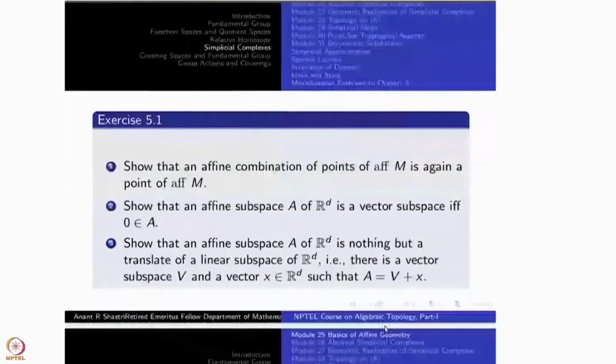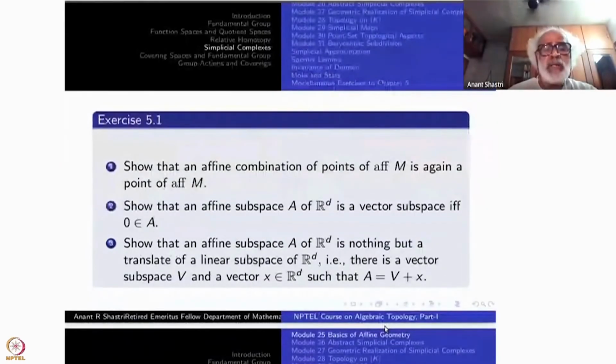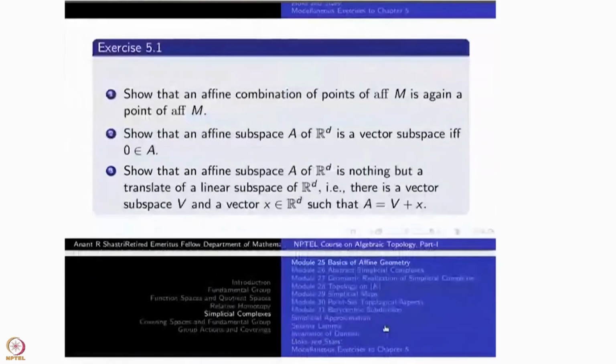Show that an affine subspace A of R^d is nothing but a translate of a linear space by a vector. So 3 will follow from 2. Okay, every A can be written as some vector space V plus some vector. If you can choose that vector as 0, then A itself will be a linear space, as in the previous thing.